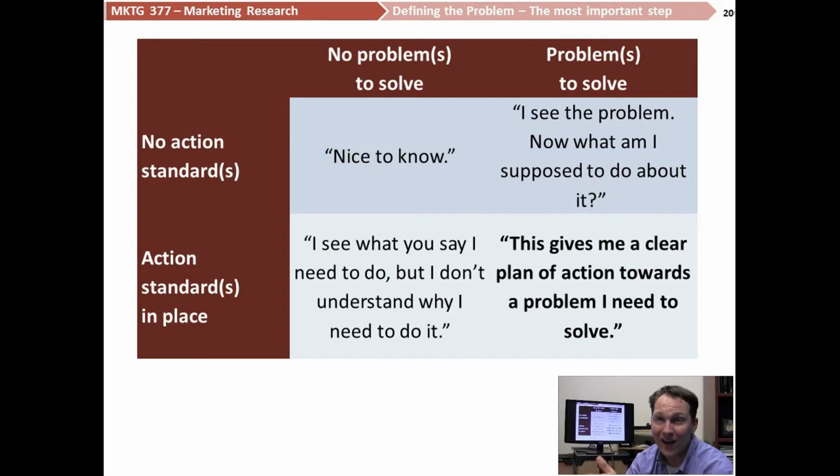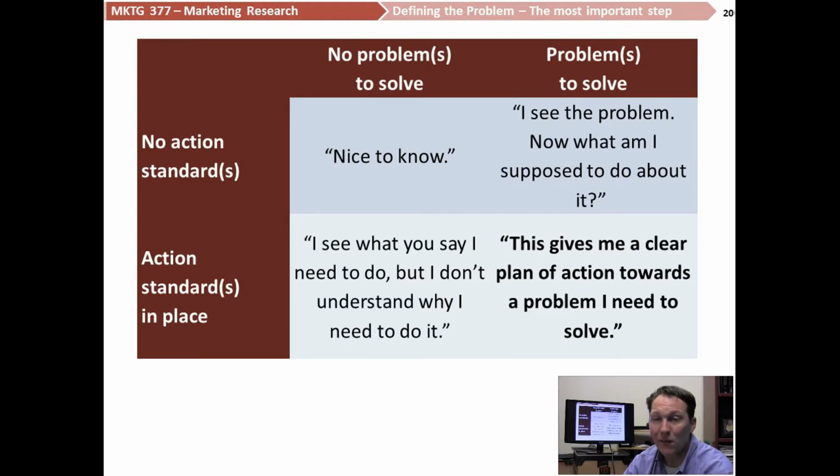So in other words, we can set action without giving a firm argument for why that action needs to be taken, and that's not a good idea. That's a real waste of research. Finally, if we do have a problem to solve and we do have action standards in place, we can say, this gives me a clear plan of action towards a problem I need to solve. And that's ultimately where we want to be with any research that we conduct.